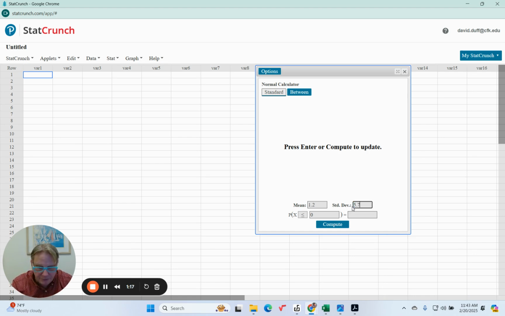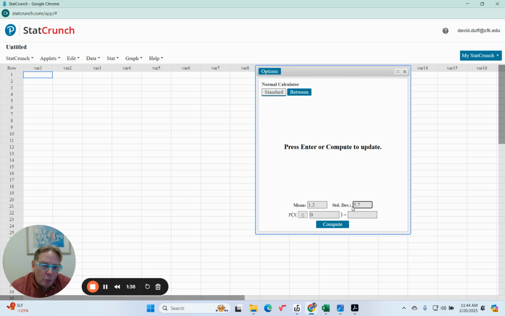5.7 kilograms. What I mean by that is this. If the mean is 1.2 and the standard deviation is 5.7, one standard deviation above the mean will be 1.2 plus 5.7, which is 6.9.